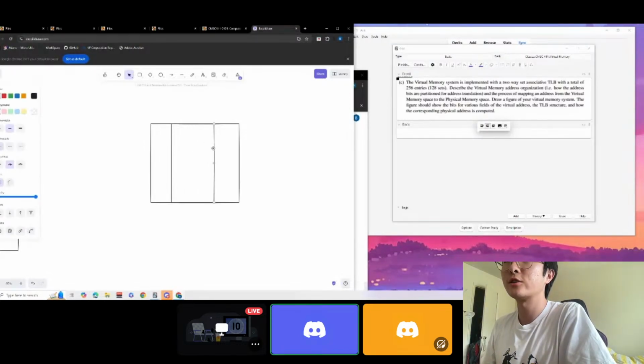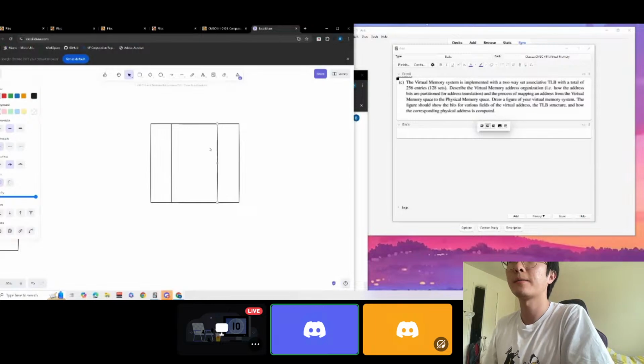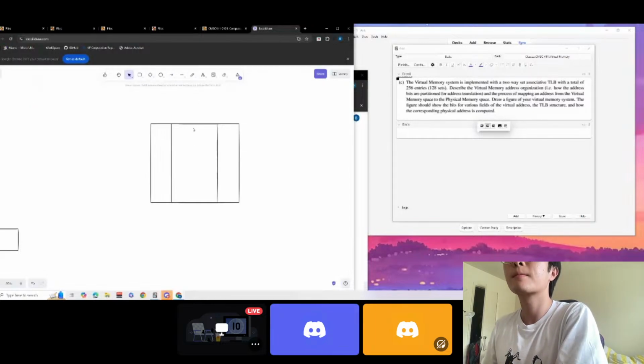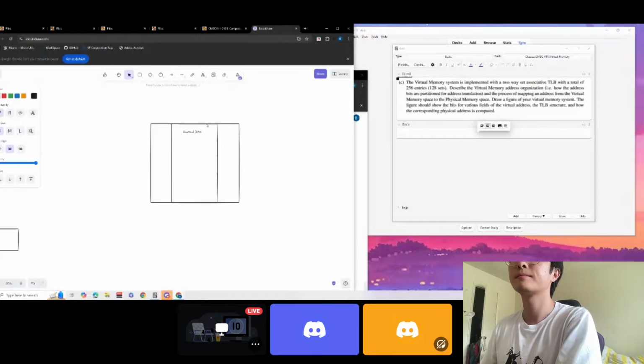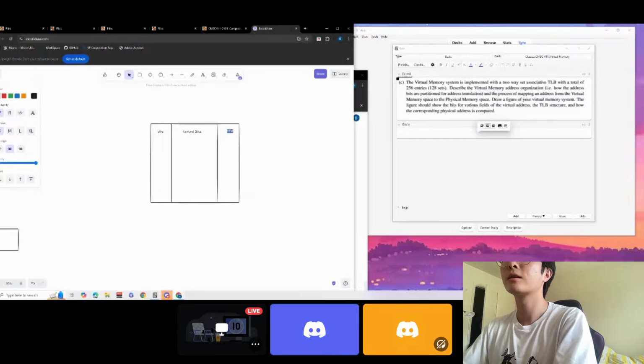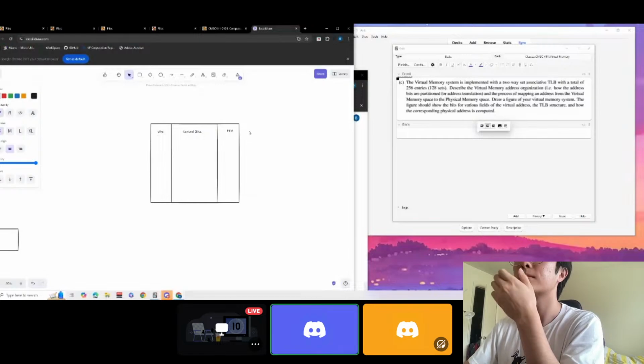Then we also have our control bits in the middle. Control bits, and then virtual page number, and this is going to be our physical frame number, PFN, right?